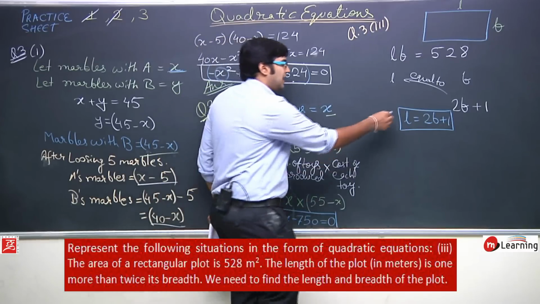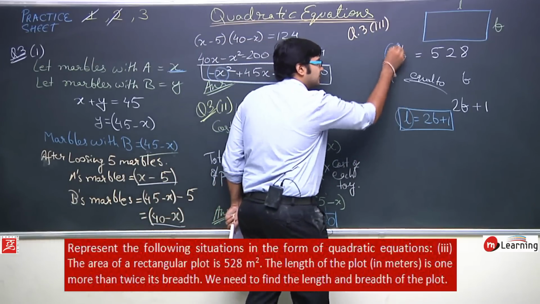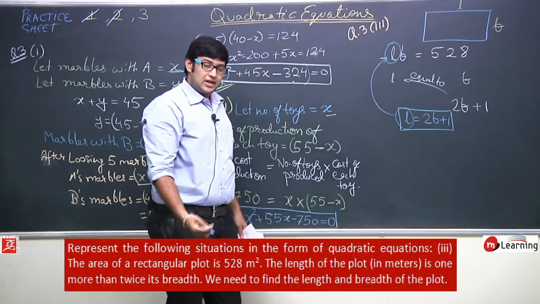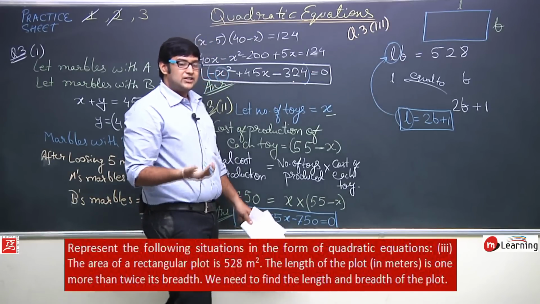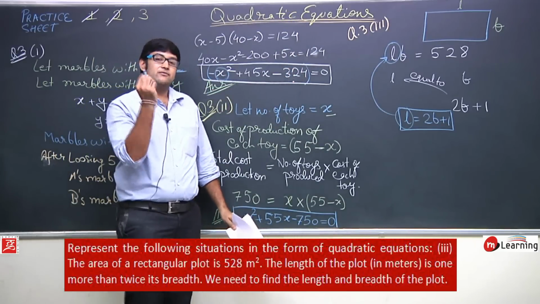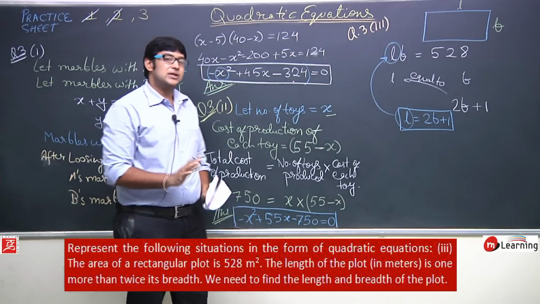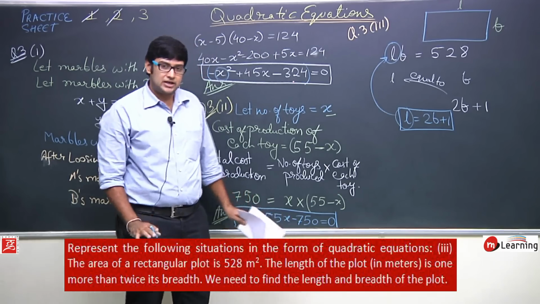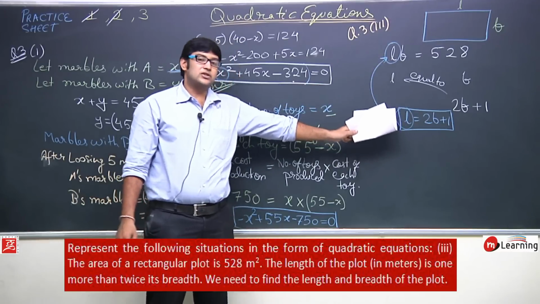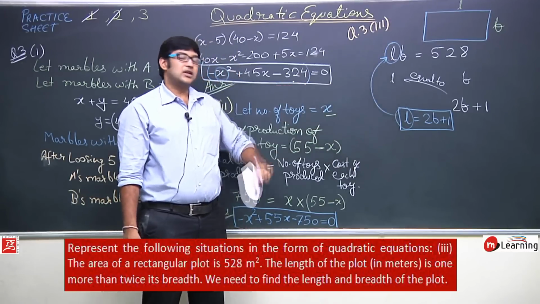So in place of this L, I can substitute this value of L. Why? Because as I have said, in quadratic equations you need to deal with only one variable. That's why we will substitute the value of L in this equation.